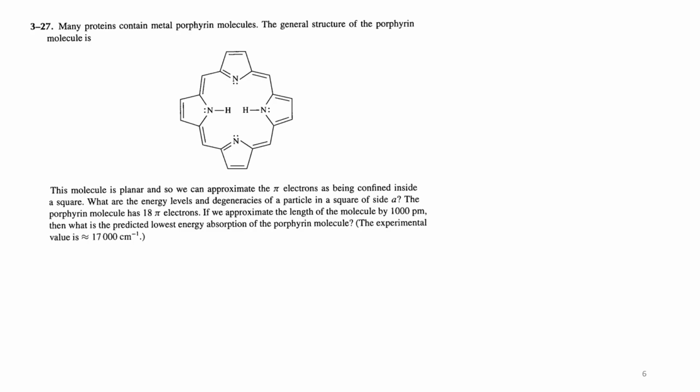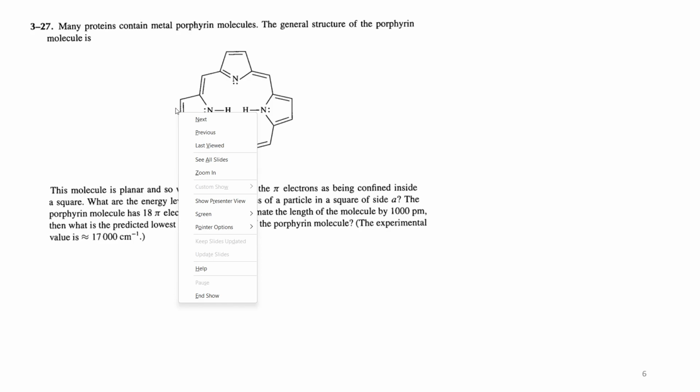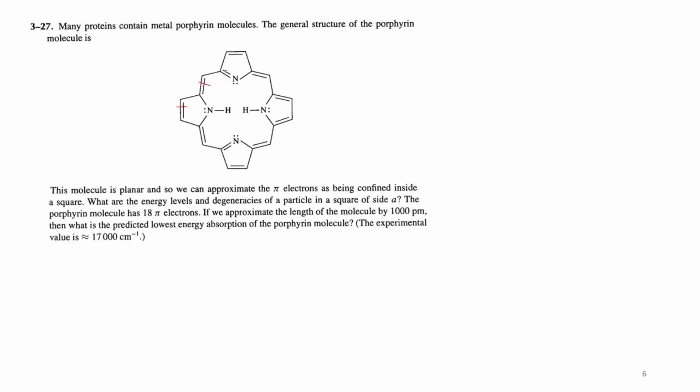That is the first question. And the second question is, the porphyrin molecule has 18 pi electrons. You may argue that there are 26 pi electrons if you can see. So if you calculate like this, I will start from here. 1, 2, 3, 4, 5, 6, 7, 8, 9, 10, 11, 11 pairs plus this 11, 12, 13, 14, 15, right?